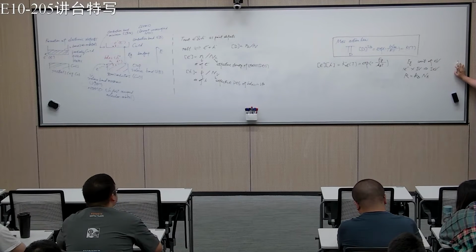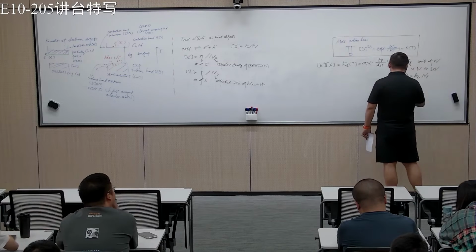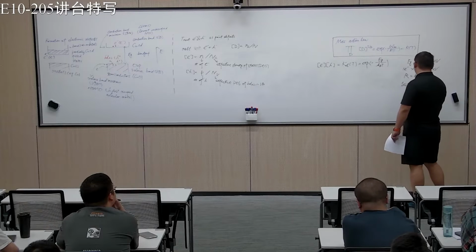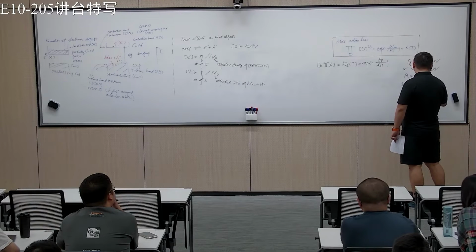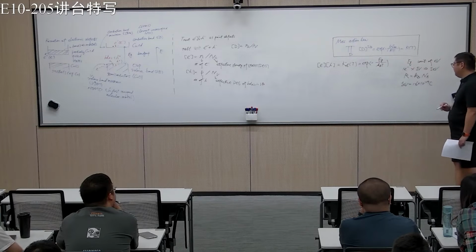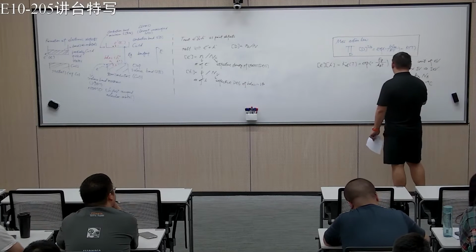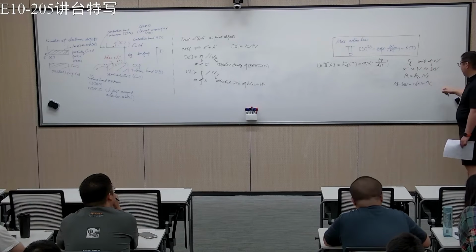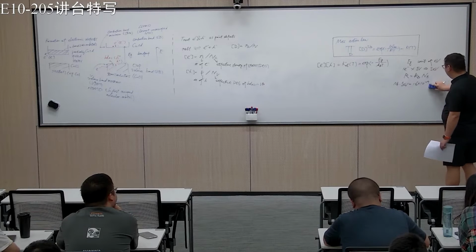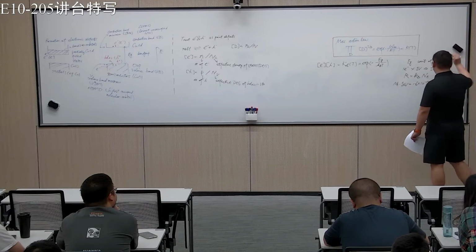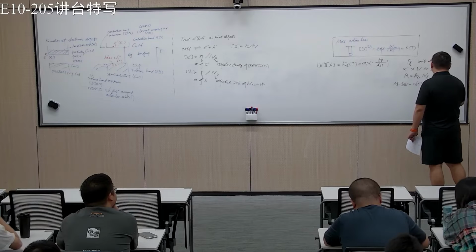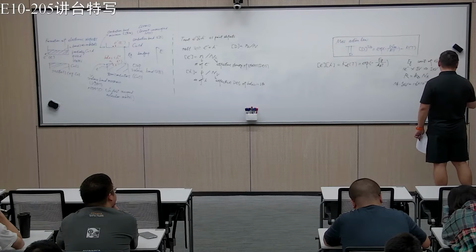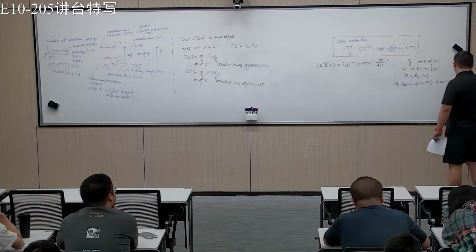If you multiply by 1 eV, 1 electron is how much Coulomb? It's 1.6 times 10 to the minus 19 Coulomb, right? Then 1 Coulomb times 1 volt is 1 joule. Then times the Avogadro constant, 6.02 times 10 to the 23 per mole.